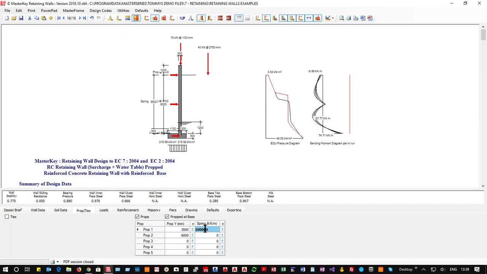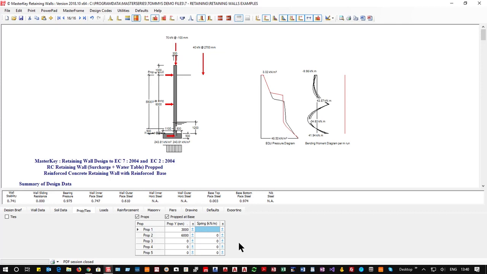Now we're beginning to get there. 1 million, and we're nearly at the full works. 10 million, and there's very little movement. So as you can see, springs are always telephone numbers. So that's kilonewton per meter moving in that direction. If you're going to do props that are spring, you can do so, but just be careful.